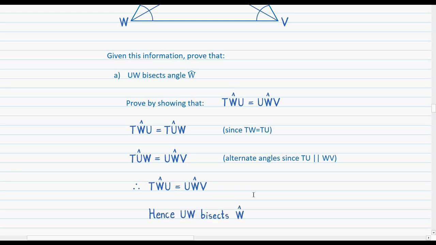And for the next part of the question, if TU to WV is equal to 5 to 6, show that area of triangle TUV is equal to 5 over 11 times area of TUVW. Let's look at the diagram again.